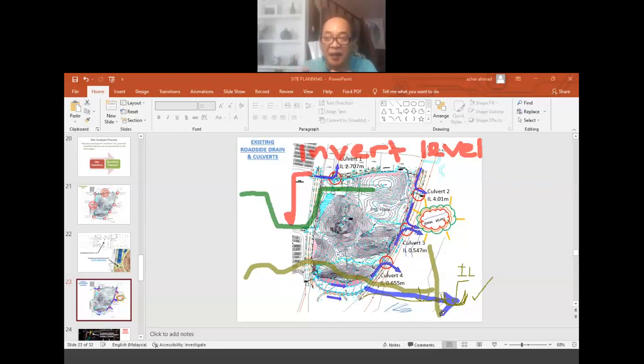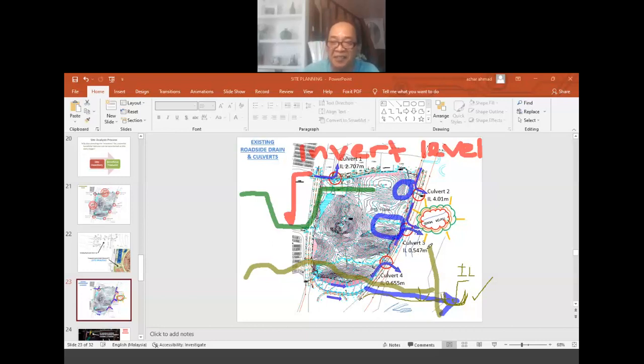Now we can safely say the level around here should not be less than 4. Must be slightly higher than 4. Jadi air dapat mengalir kepada invert level 4.01. Area di sini must be higher than 0.5.